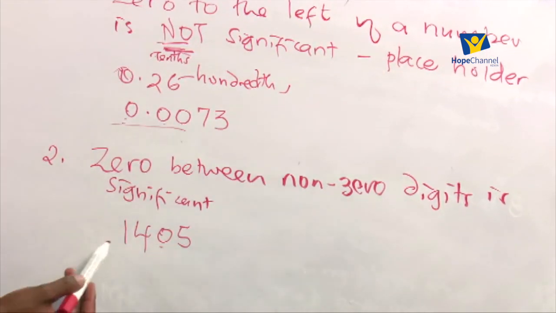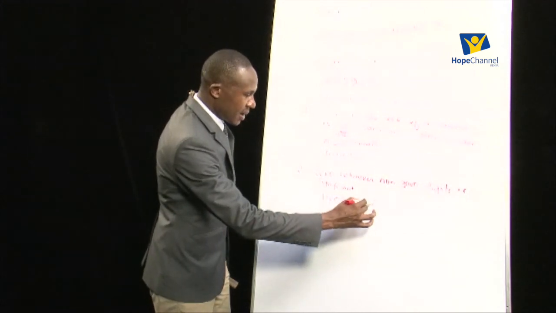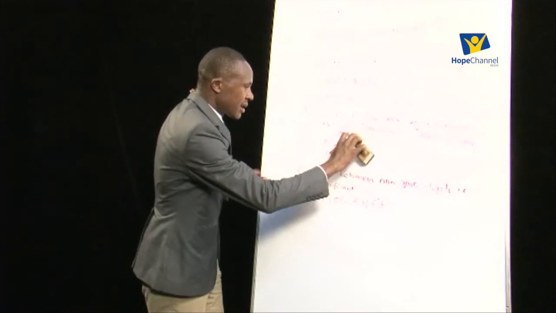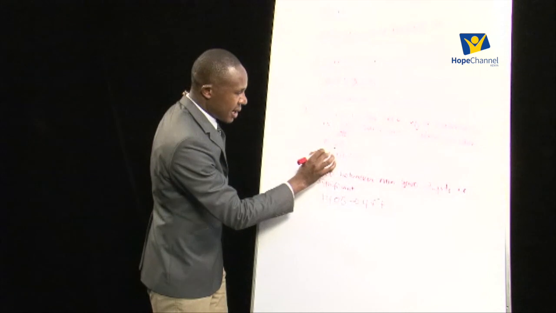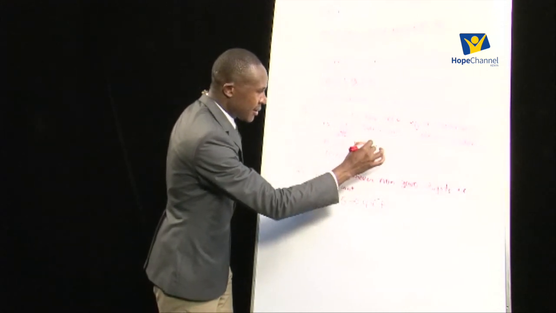So this number is written to 4 significant figures. But for the first number we wrote earlier, because the zeros are to the left of a number, they are not significant, so the first significant figure here is 2, the second one is 6. This number is written to 2 significant figures.